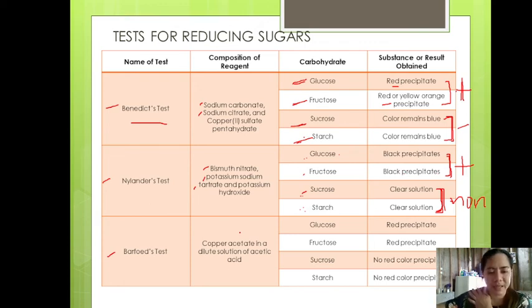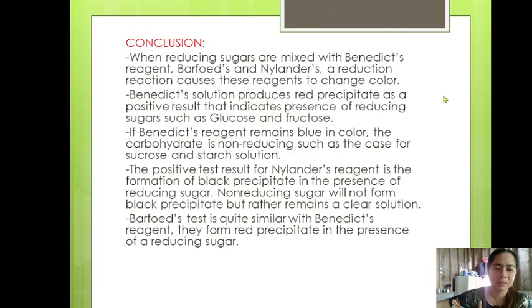In Barfoed's test, the composition of the reagent is copper acetate in a dilute solution of acetic acid. We have glucose, fructose, sucrose, and starch. Glucose and fructose give a red precipitate, while sucrose and starch give no red precipitate. Barfoed's test is quite similar to Benedict's reagent.